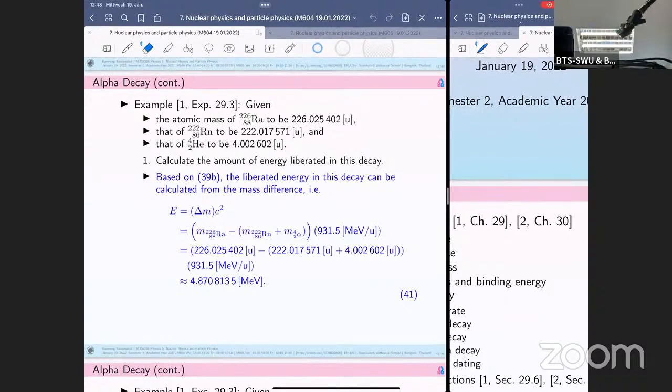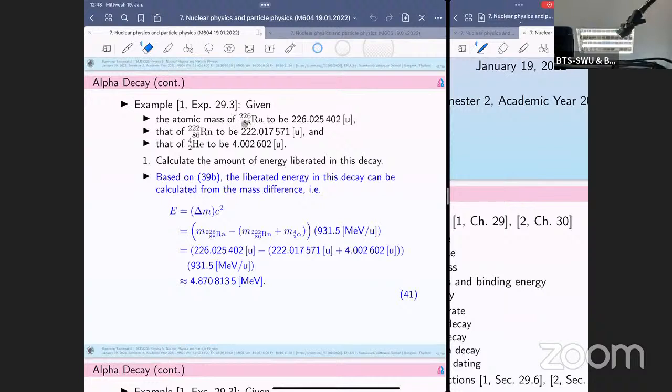The alpha decay is the separation of a big atom like radium here, radium 226, right, 226. That's the number of total nucleons, whether they are protons or neutrons, right?